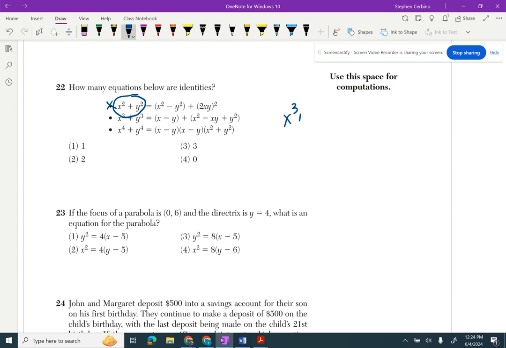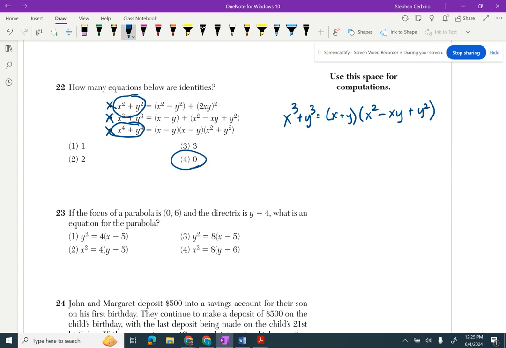X cubed plus y cubed can be factored to x plus y, x squared minus xy plus y squared. That's not what we have here, so that one is not true. And again, there's no such thing as difference or sum of two squares, so that one is also not true. So none of these are identities.